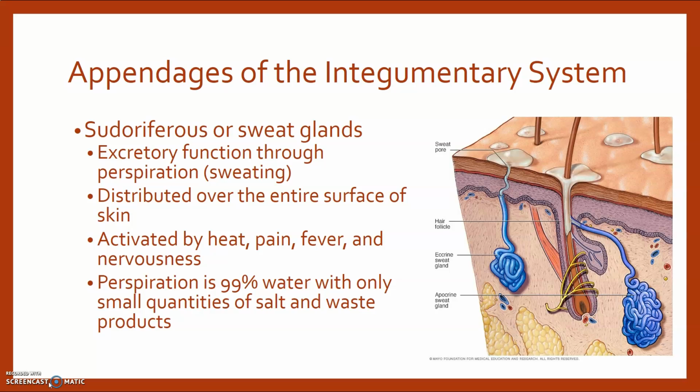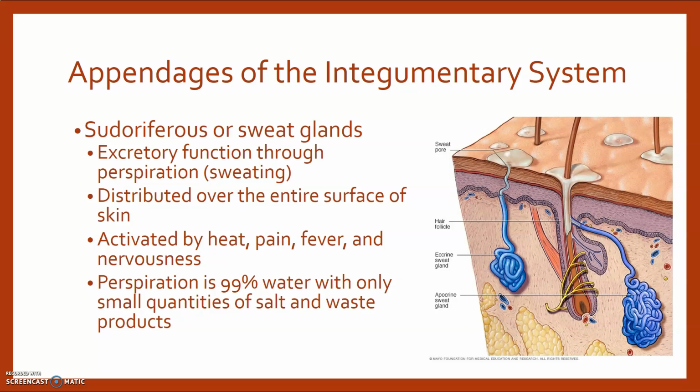The sudoriferous glands are distributed over the entire surface of skin. And things like heat, pain, fever, and nervousness, so you think like sweaty palms, those are things that activate the sudoriferous glands. Now, interestingly to note, perspiration is 99% water.